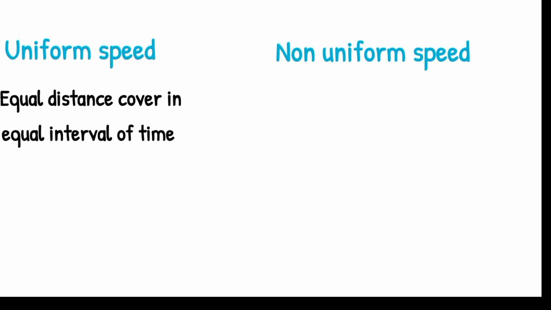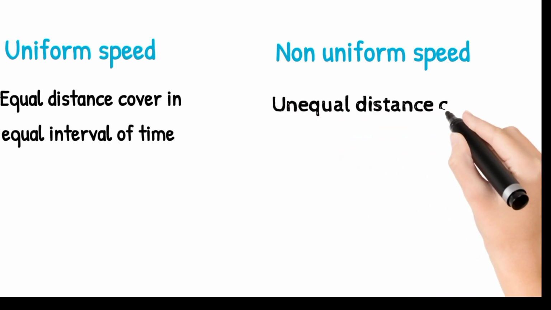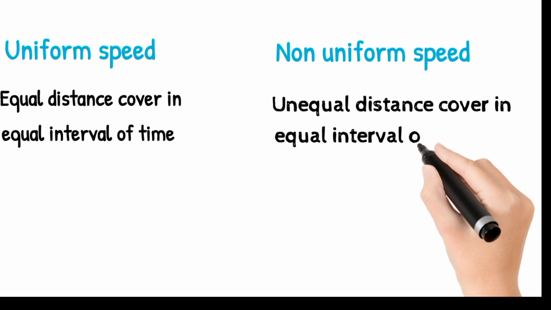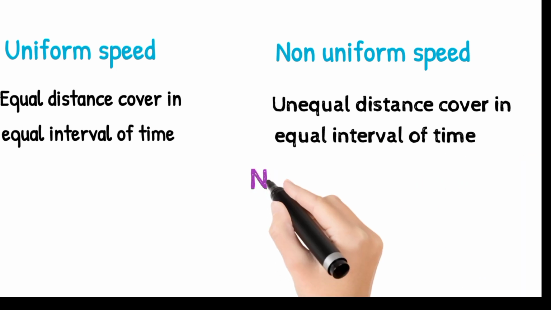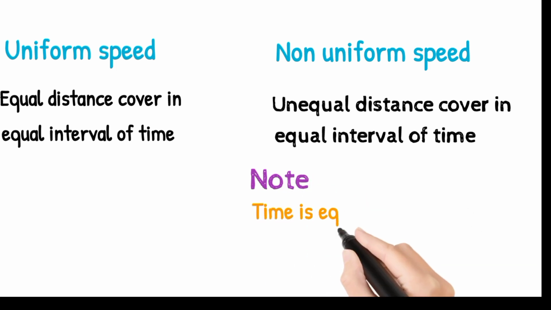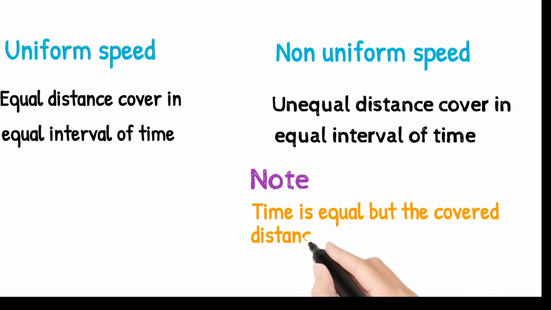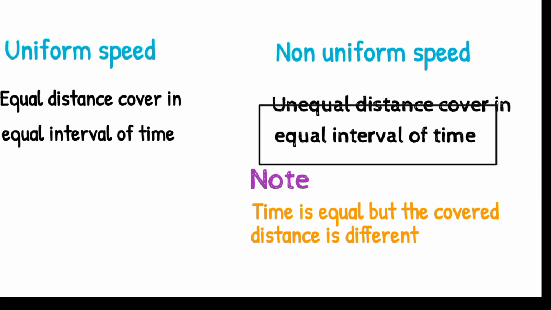So we can define this speed: unequal distance covered in equal interval of time is known as non-uniform speed. Now here note it down that in non-uniform speed the time is always equal, I mean 1 second at every point, but the covered distance is different in 1 second. So therefore we say unequal distance covered in equal interval of time.